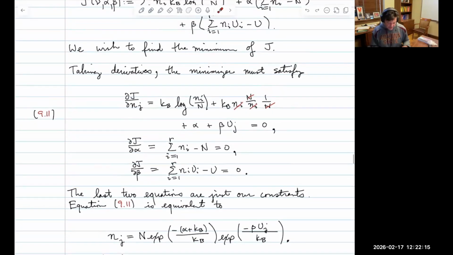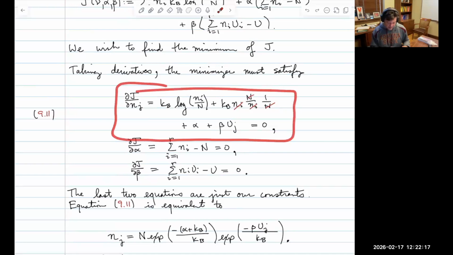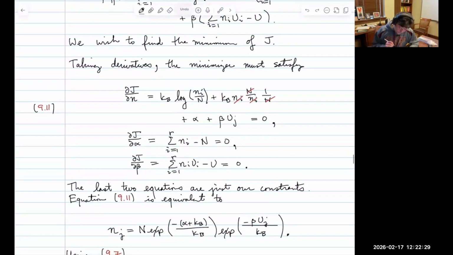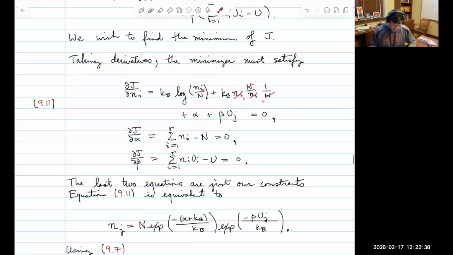This equation here is the one that has the meat in it. And so if I solve, what do I want to do to find the values of ni or nj? I guess I did that wrong, right? So this should be ni. Okay, I used ni, and I need to use j there as well.